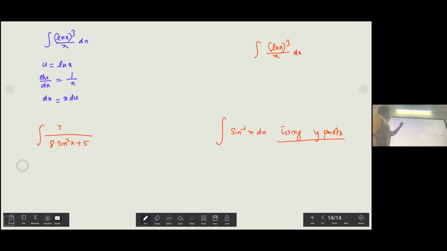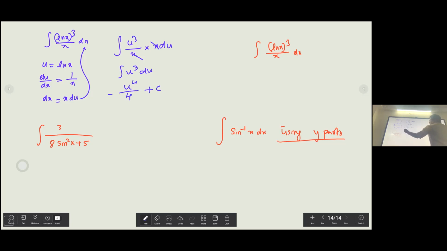You plug that in, so it will become integration of u cube over x times x du. Then x and x get cancelled, and integration of u cube du is going to be u raised to 4 upon 4, which is ln x raised to 4 upon 4, plus c. So that's the integration of this part. It's more of a standard level type question.